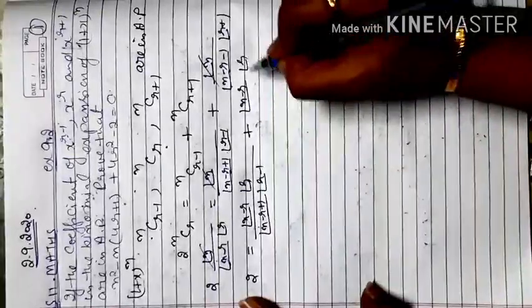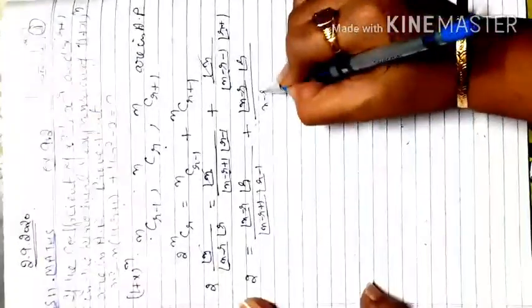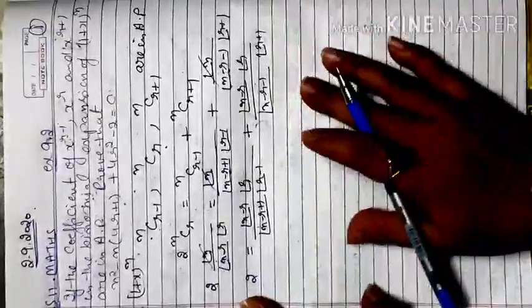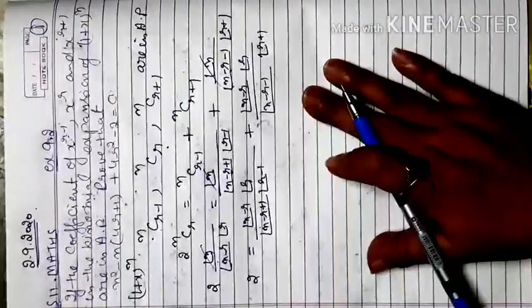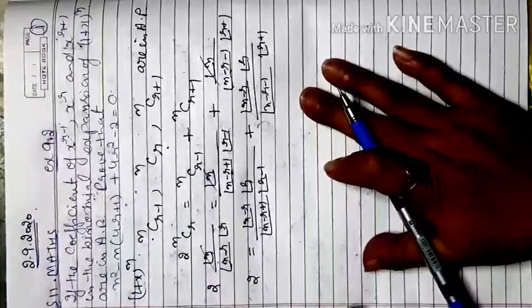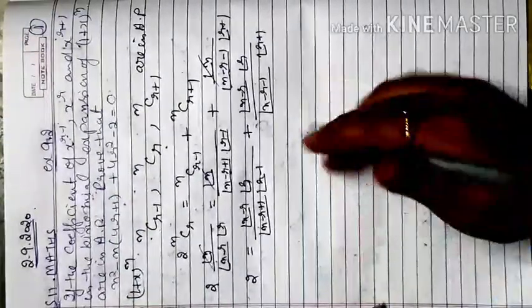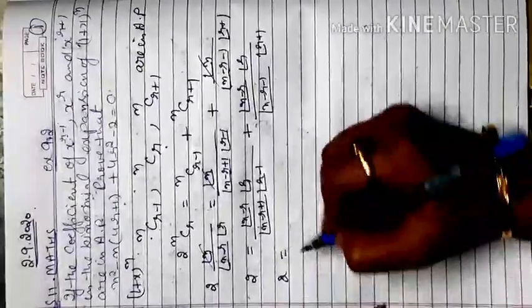Now I do not need to open the factorials, I just try to arrange the terms like that. Factorial terms will be cancelled with each other, keeping 2 as it is here.